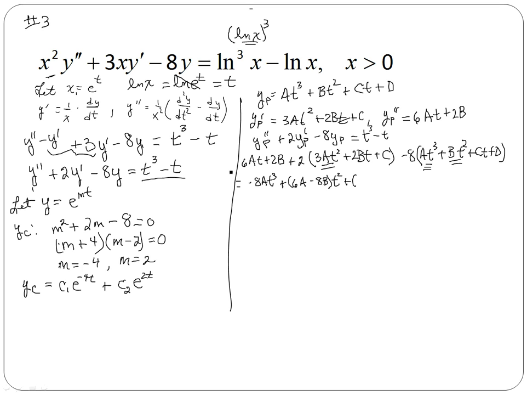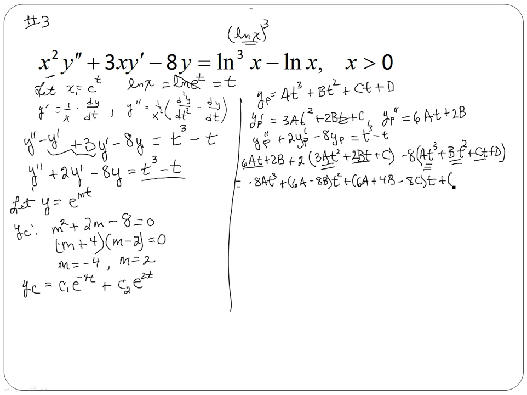And then my t terms, here I have a 6a. Here 2b multiplied by 2 gives me a 4b. And then c multiplied by negative 8 gives me negative 8c. Those are my t terms.